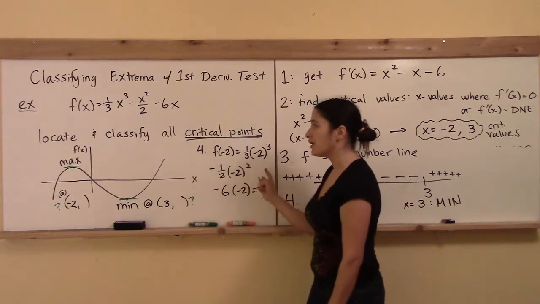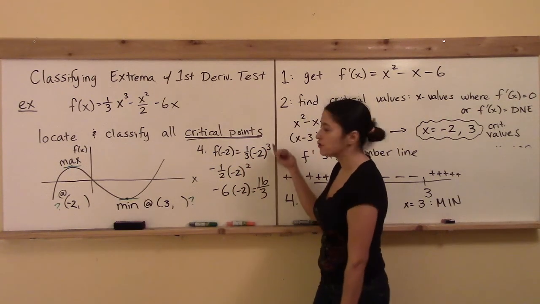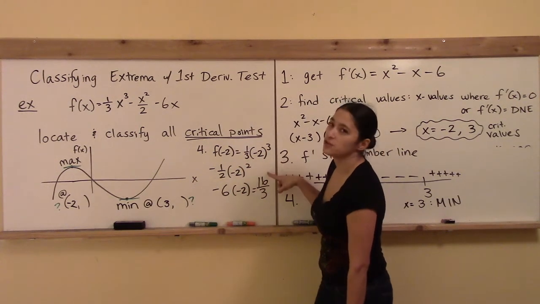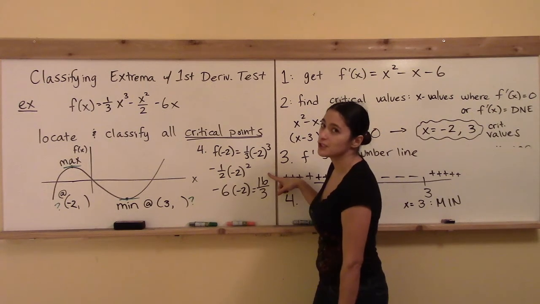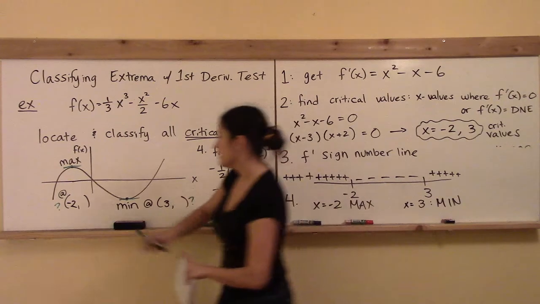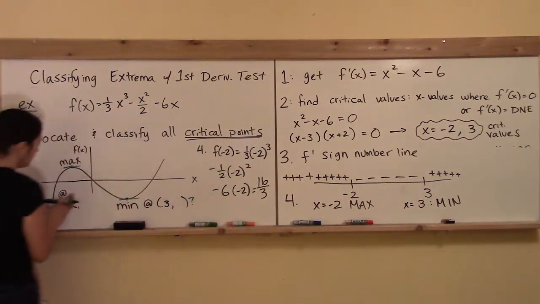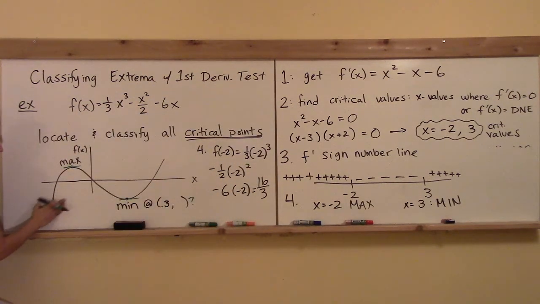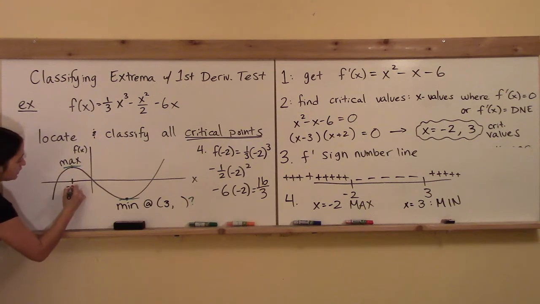Step 4, if they ask you for the xy critical point, that's when you plug it into the original function, not the derivative, because they're asking you for the xy point. And that's how I can draw the conclusion that this is a relative max, and it's located at (-2, 16/3).